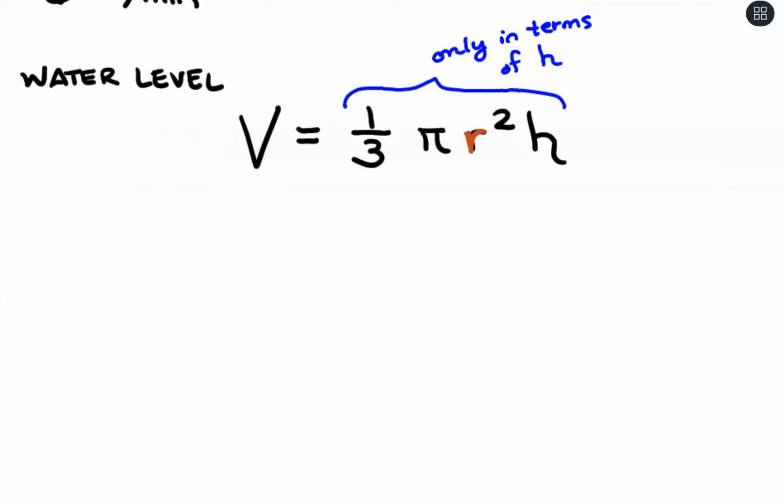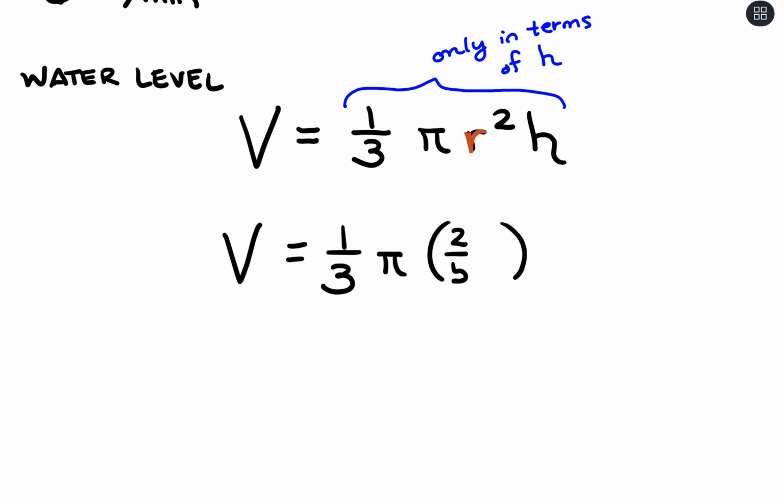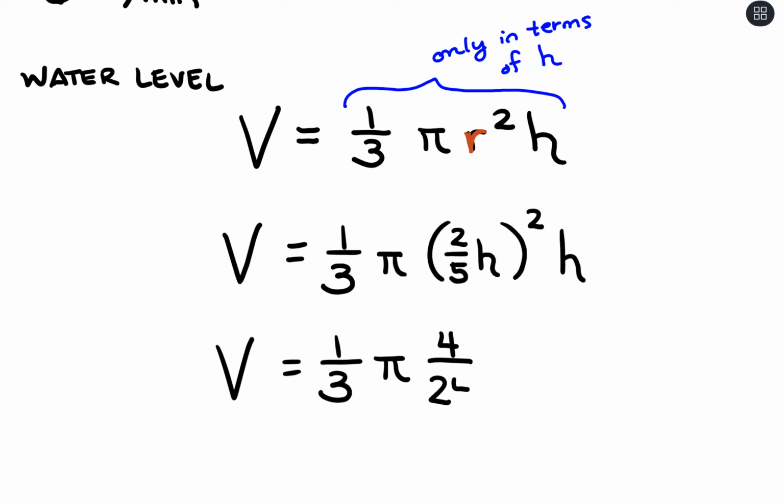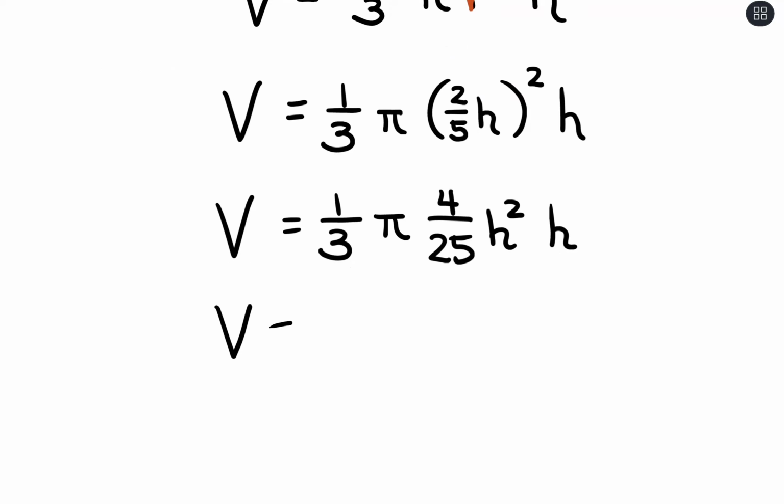Going back up here, I'm going to say V is equal to 1/3 pi, and then where I have R, I'm going to replace that with 2/5 H, and that's being squared, times H. And I'll just do a little simplifying of 1/3 pi, and that would be 4/25 H squared times H. And then just one more step of simplifying.